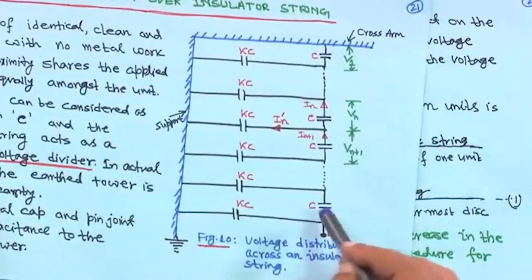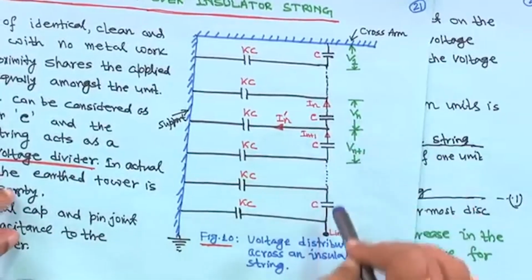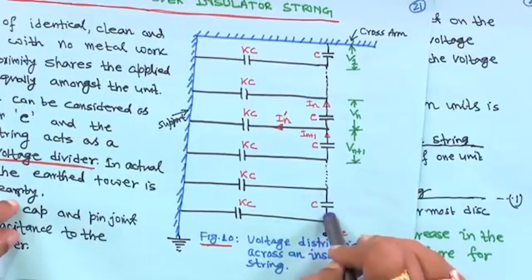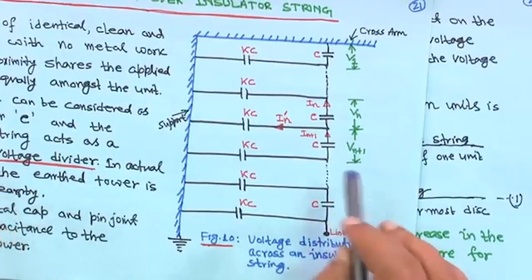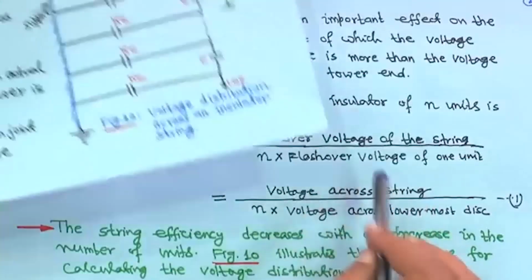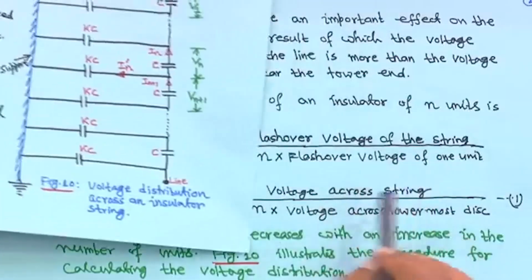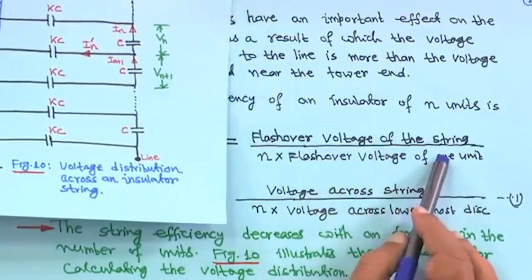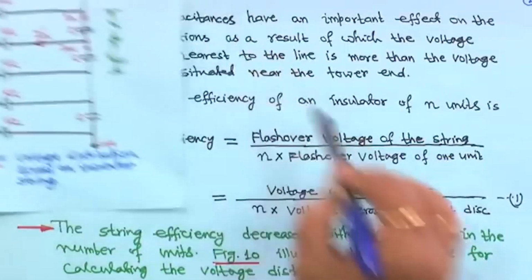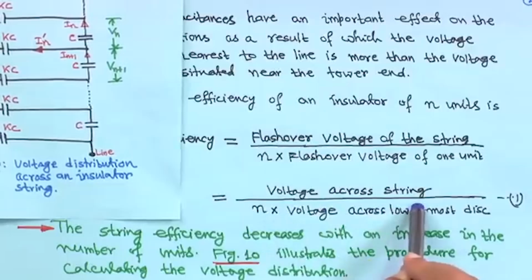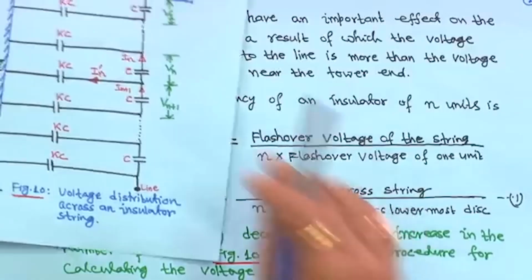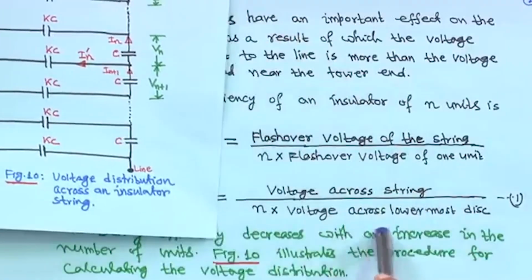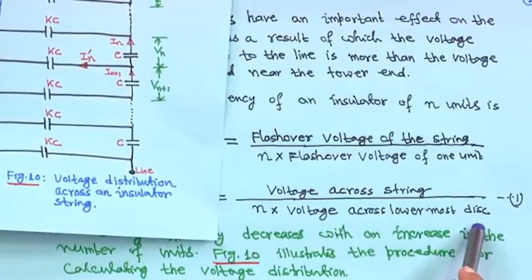That means the voltage across the lowermost disk, and you have a total of n units. So total flashover is equal to the voltage across the string divided by n into the voltage across the lowermost disk.